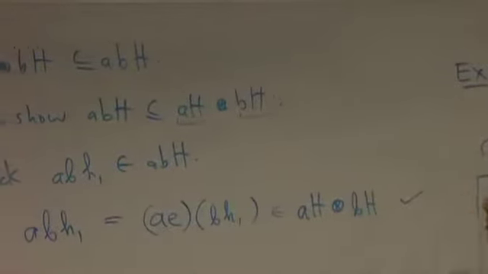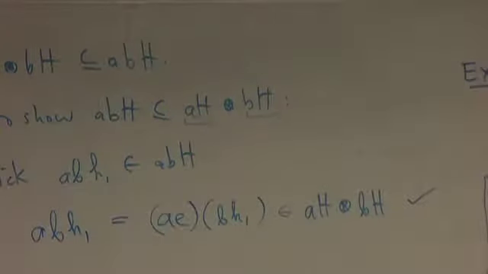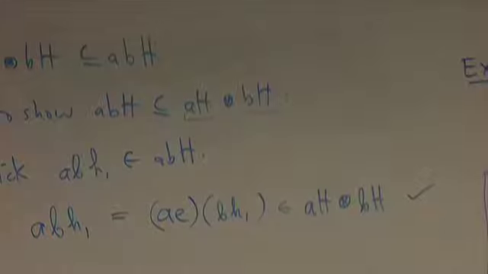And you'll notice to go the other way, I didn't need that the subgroup was normal. That's the easy part, that second part. So here's the big theorem. It says that if you start with a normal subgroup of the group, then if you form the set product of two left cosets, you necessarily get another left coset back.